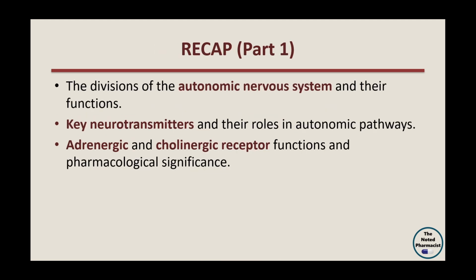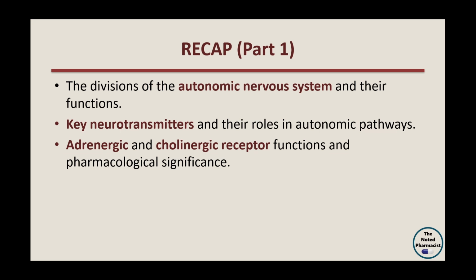Now that we've explored the autonomic nervous system and its pharmacology, let's take a moment to recap. We've covered the organization and divisions of the autonomic nervous system: sympathetic, parasympathetic, and enteric. Neurotransmitters like acetylcholine and norepinephrine, and their mechanisms in autonomic function.